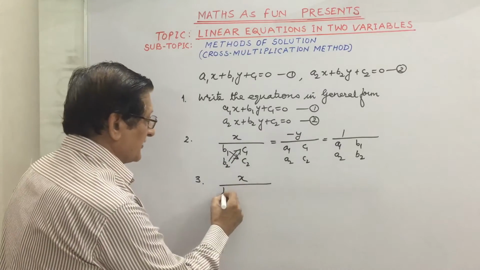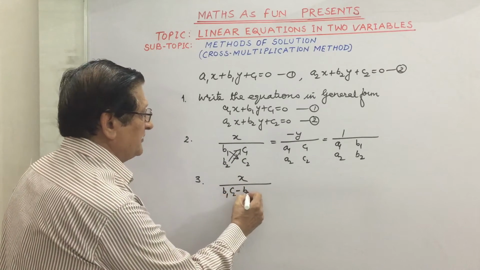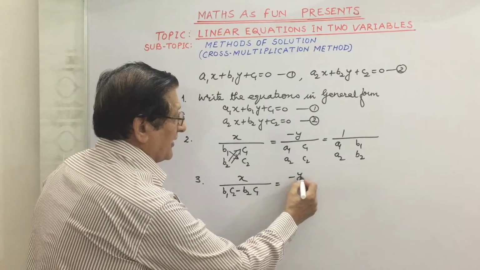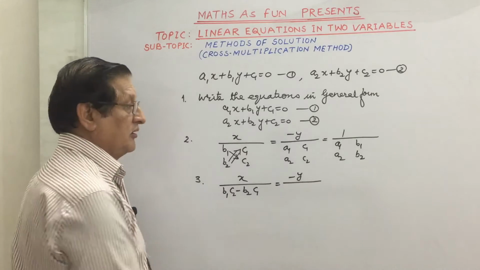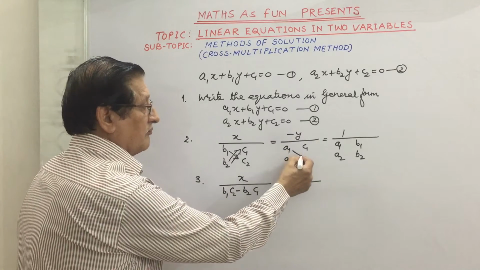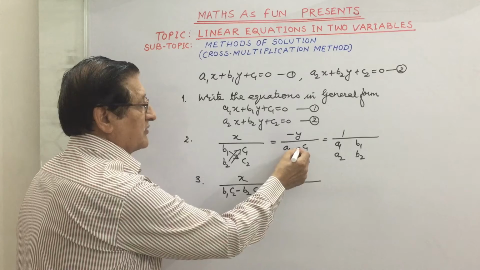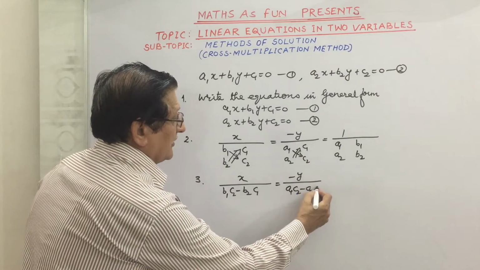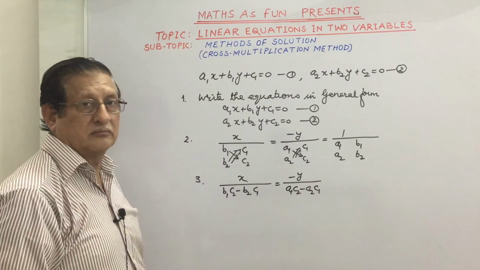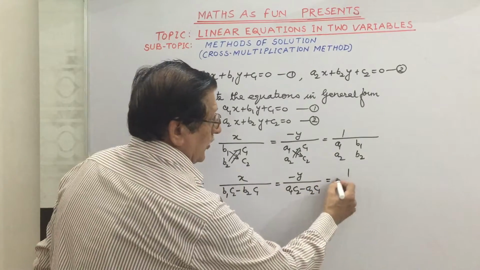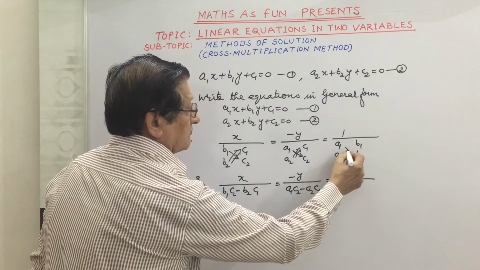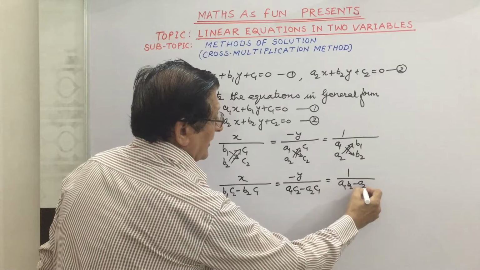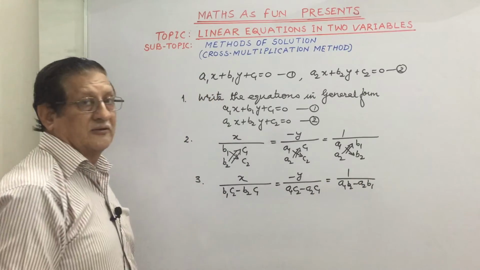So we can write this as b1 c2 minus b2 c1 equal to minus y upon, the same system will follow here, multiply this and subtract the multiplication of this, a1 c2 minus a2 c1, and next we will have 1 upon, the same system we have to follow, this will be a1 b2 minus a2 b1.